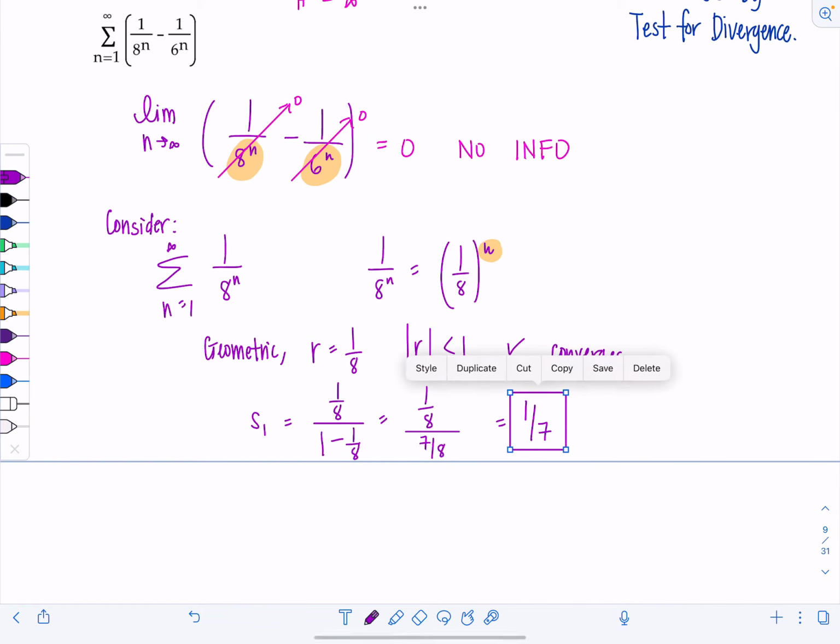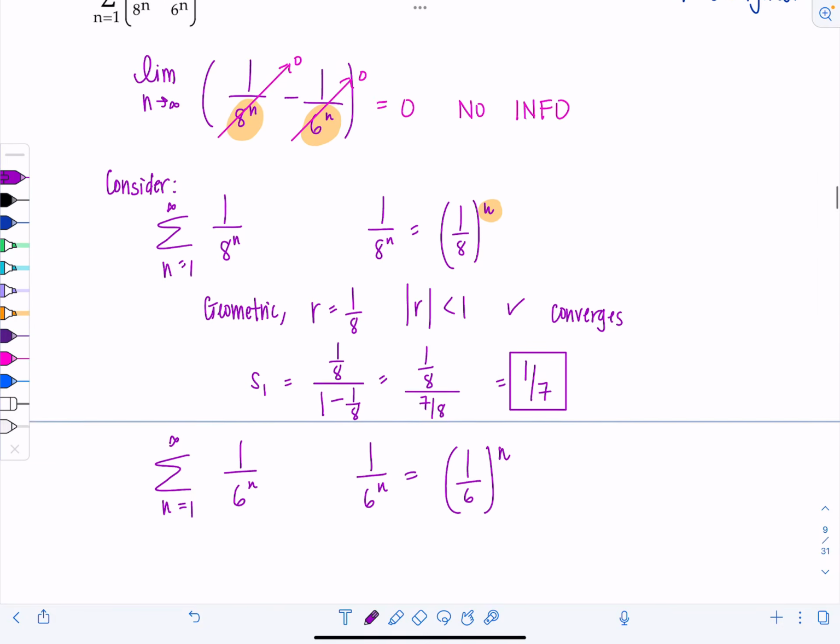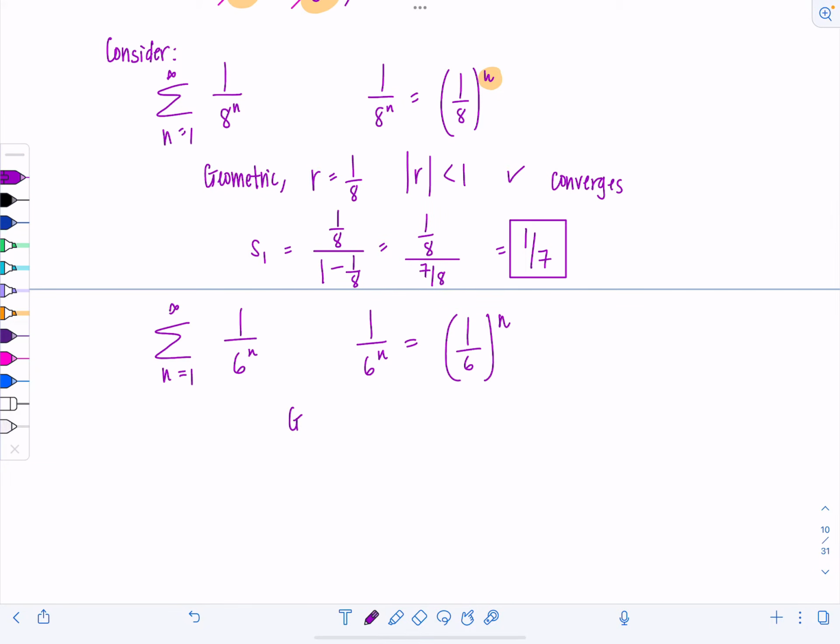Okay. Now let's consider the other guy. The sum, n equals 1 to infinity, 1 over 6 to the n. Again, 1 over 6 to the n, that's the same as 1/6 to the n. This is geometric too. Fabulous. r is 1/6.